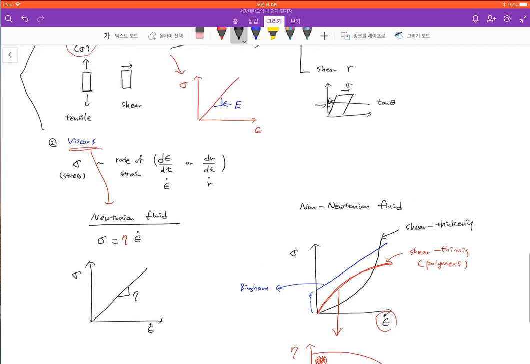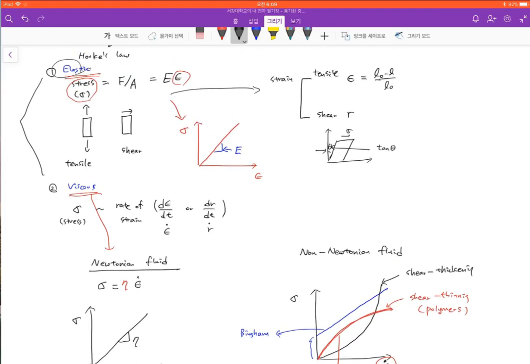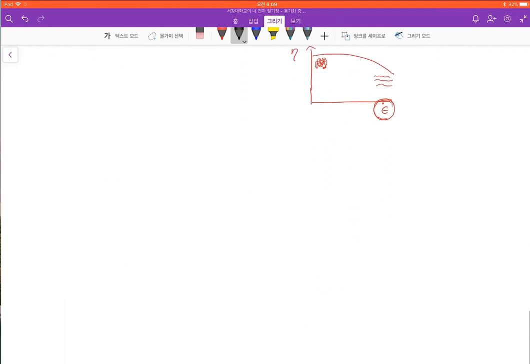So we need to consider both elastic behavior and viscous behavior to describe the viscoelastic characteristics of polymers.